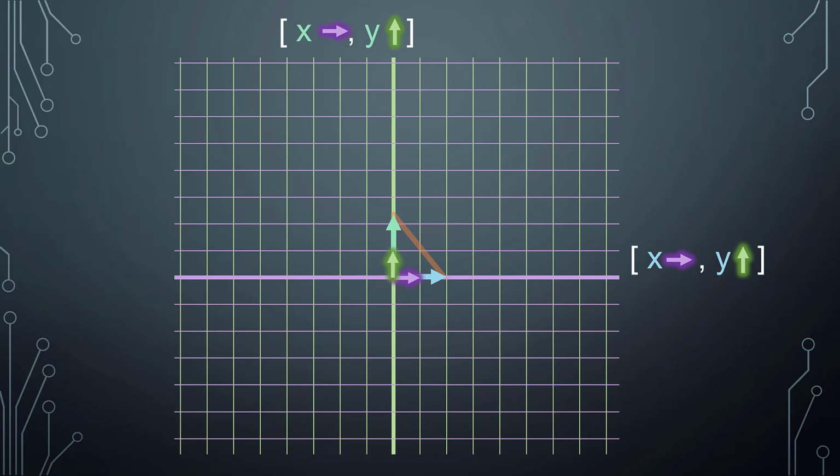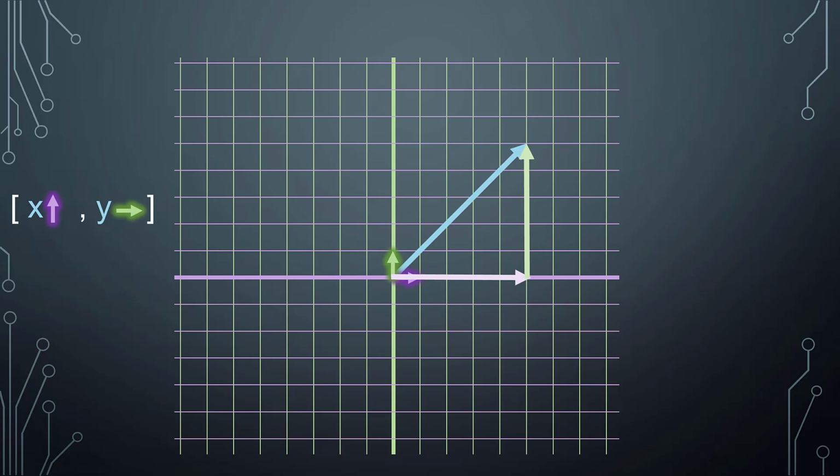And we can see that we just scale this up and down, and we can represent any point and any vector in this two-dimensional space just like that, just by using some numbers to scale up and down these two orthonormal basis vectors.